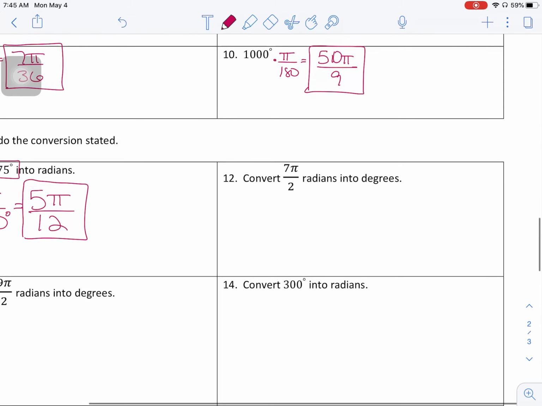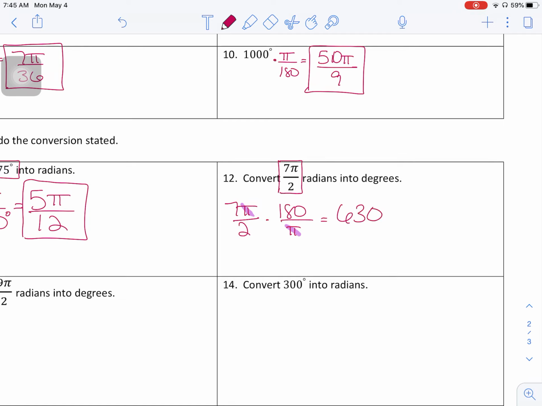Okay. Convert 7 pi over 2, so that's in radians, which means I'm going to do 180 over pi when I multiply. All right, so pi and pi cancel. In my calculator, I would do 7 over 2 times 180, and whatever I get is what I get, so that's 630 degrees.